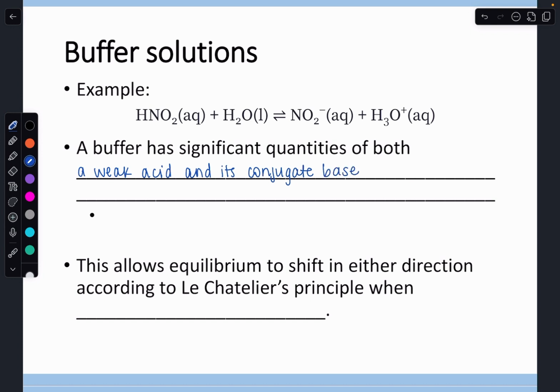Or we can say a weak base and its conjugate acid. Basically, conjugate pairs.